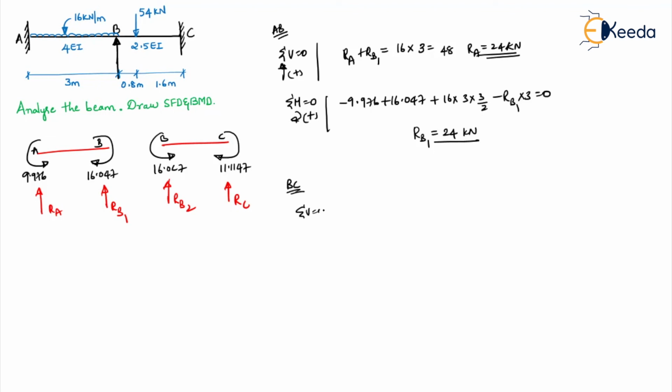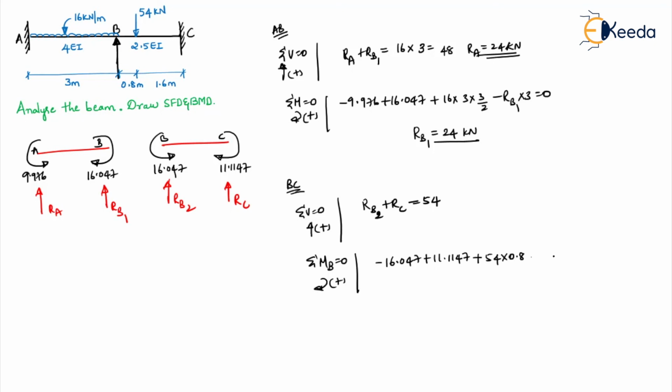Then for the span BC, sum of vertical forces 0, all upward forces positive. So RB2 plus RC will be equal to 54. Then do summation MB equal to 0, all clockwise forces positive. So that will give you minus 16.047 plus 11.1147 plus 54 into 0.8 minus RC into 2.4 equal to 0.